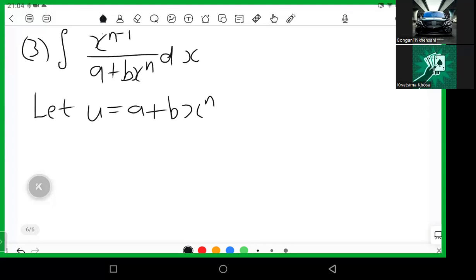So that will be our u. And you notice that if we differentiate u, we're going to get x to exponent n minus 1. And that's what we want.